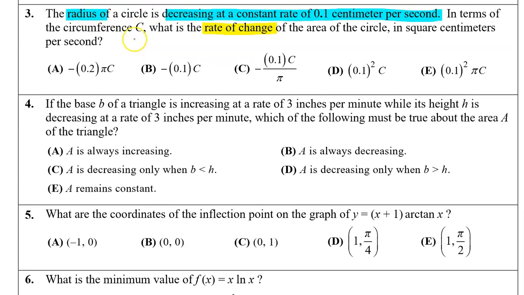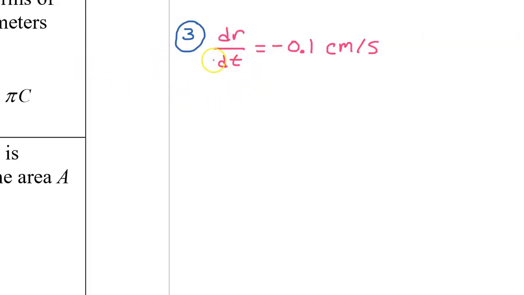So I'm going to call that dr/dt, the rate of change of the radius. And we are told that is a constant 0.1 centimeters per second. Oh, one more thing. It is decreasing. So therefore, I should call it negative 0.1 centimeters per second. So I have that written down so far.